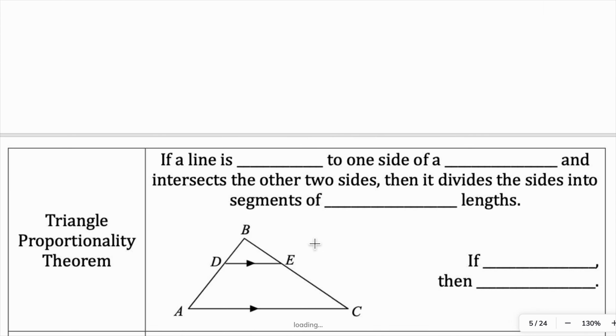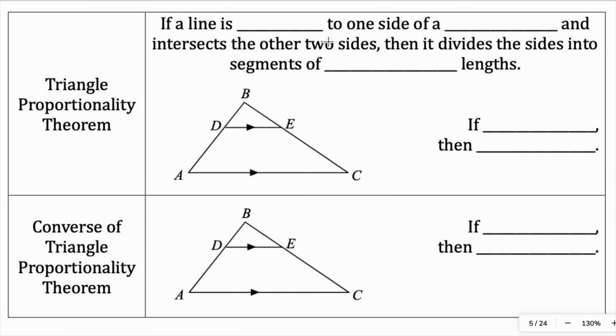Now let's go ahead and talk about the triangle proportionality theorem. It says if a line is parallel to one side of a triangle and intersects the other two sides, then it divides the sides into segments of proportional lengths.